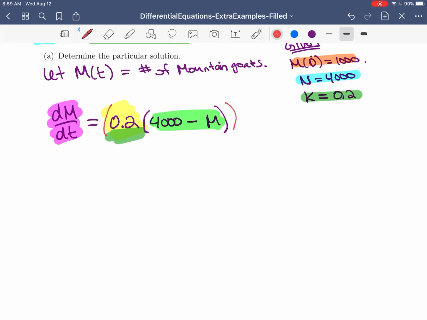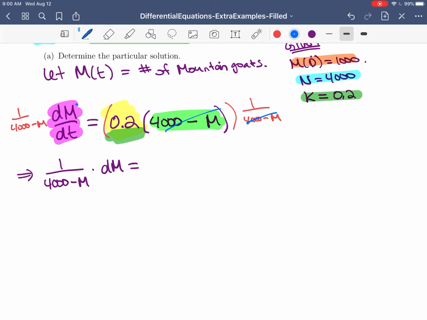So what I'm going to do is multiply both sides by 1 over 4,000 minus m, because then this part's going to disappear. Okay, so that gives me 1 over 4,000 minus m times dm.